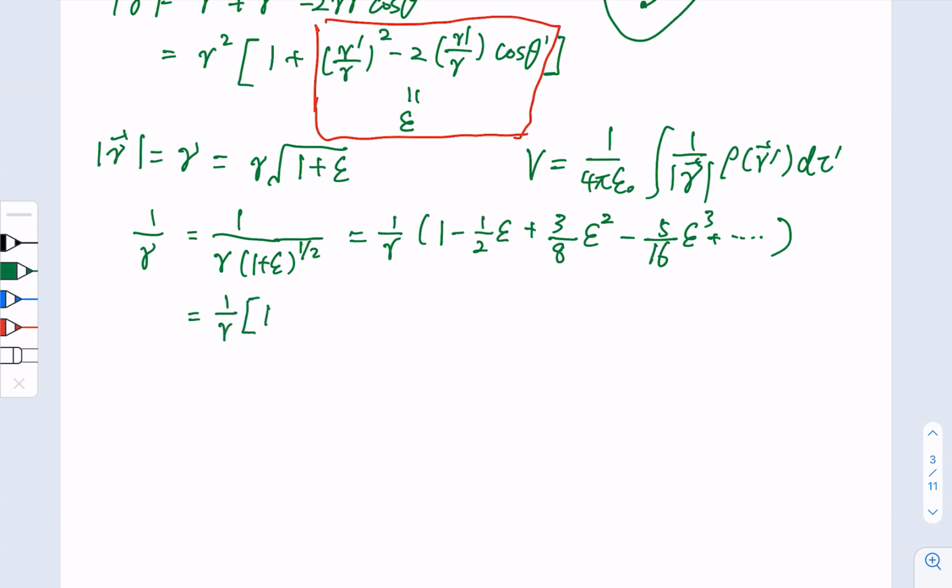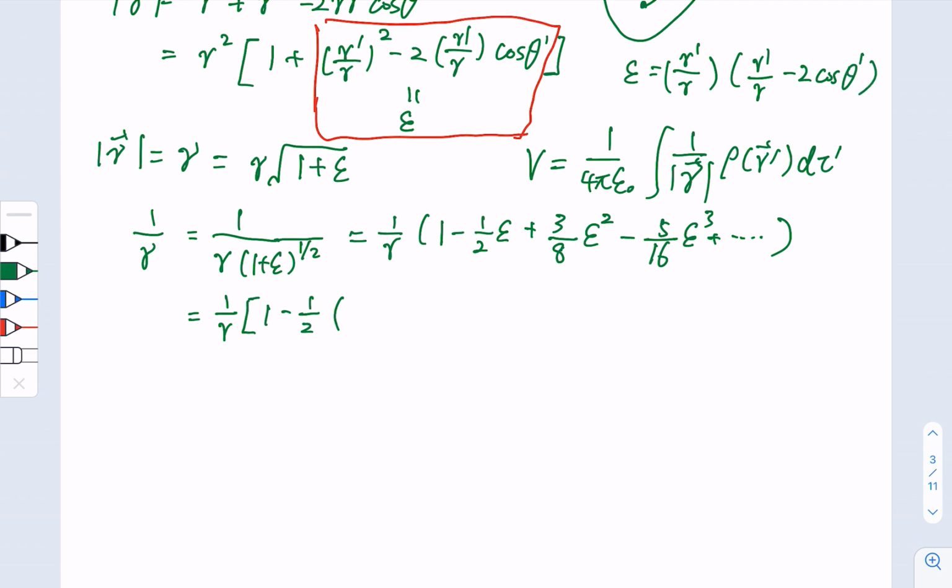Okay, so the first term stays the same. So for the second term, let's try to write this epsilon as r prime over r times (r prime over r minus 2 cosine theta prime).